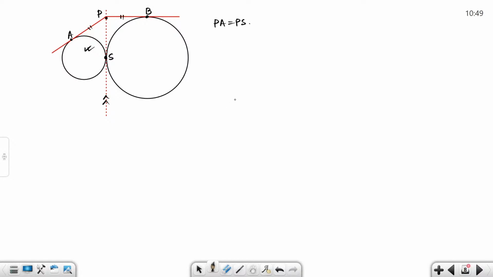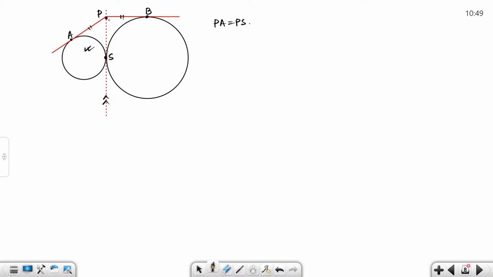Why? Because we all know that from any point outside a circle, when you draw two tangents, their lengths are equal. PA and PS are the two tangents of the first circle. So their lengths will be equal.